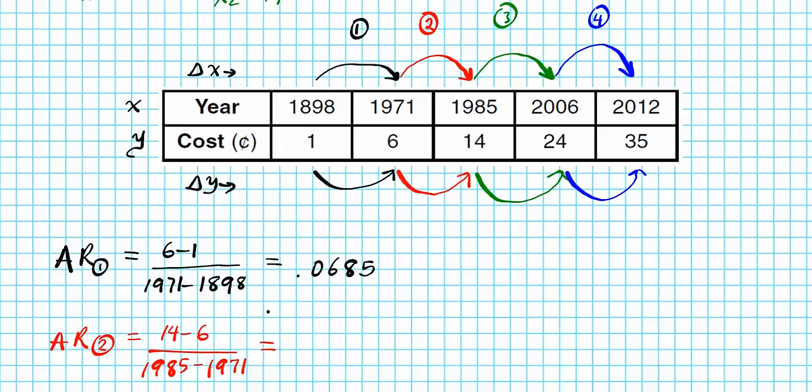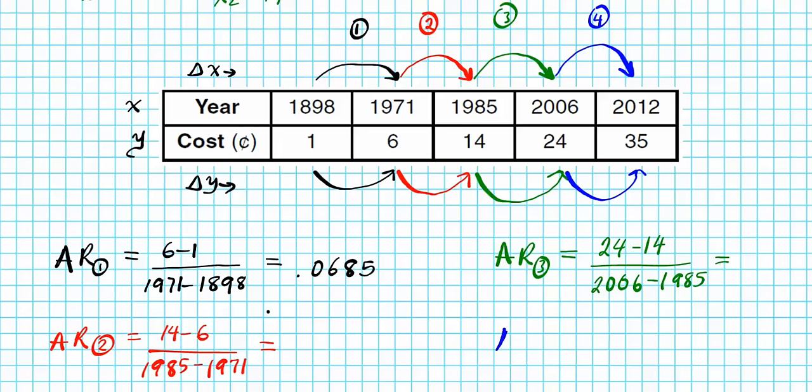Let me just set them all up so I don't keep going back and forth. So average rate for interval 3 is going to be y2 minus y1, the one on the right minus the one on the left, over x2 minus x1. I'll calculate it in a second.